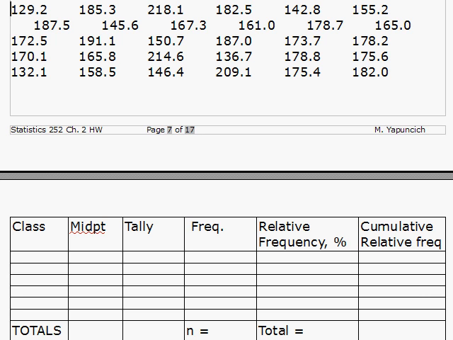So here's the data, and of course you have a little chart here to fill in, and you're given what to do. So you know what the classes are going to look like. Here's 120. Let me erase that and start over.